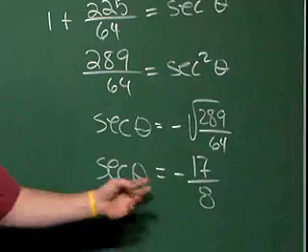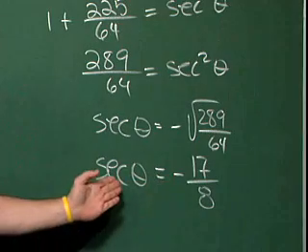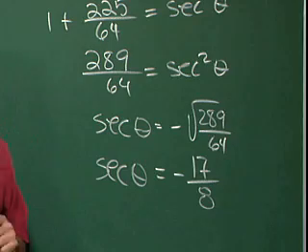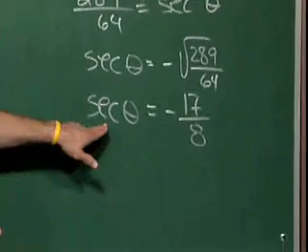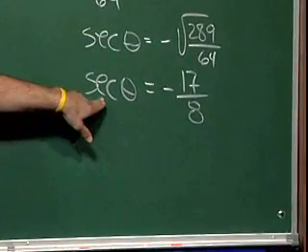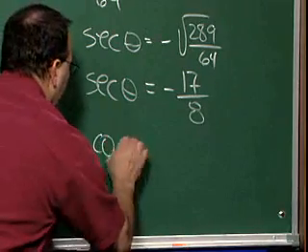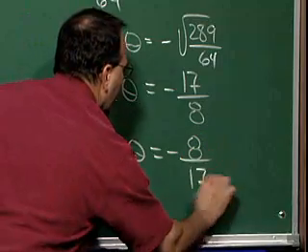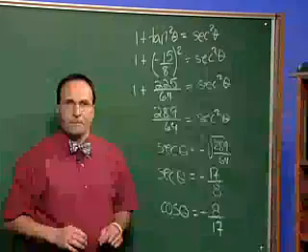Well, immediately, since we have the secant theta is negative 17/8, we can use the reciprocal identity, and the reciprocal of secant is cosine. So cosine theta is negative 8 over 17.